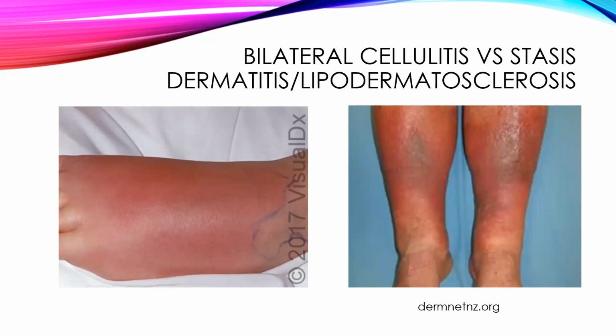And sometimes patients will say that it's a new change, but what we often see in dermatology is they are commonly diagnosed with cellulitis, but they actually have stasis dermatitis instead. So it's important that we try and differentiate those because you do not want to miss cellulitis. However, we also don't want to be giving antibiotics unnecessarily to patients who have stasis dermatitis.